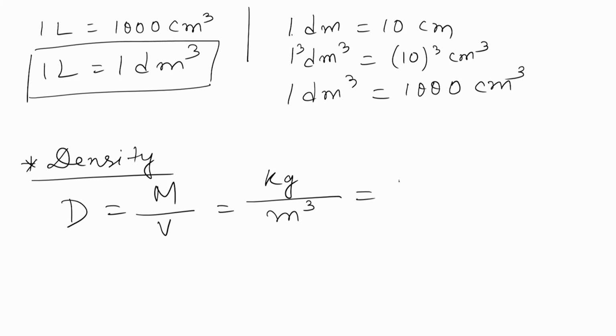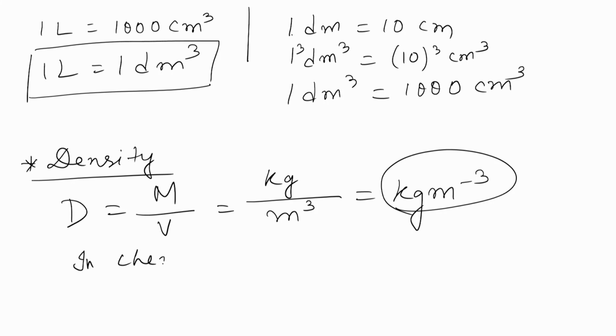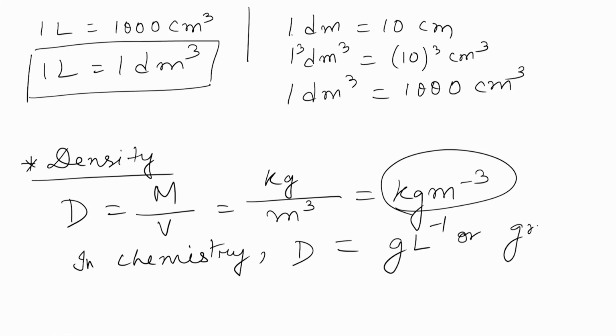So the unit of density can be simply written as kg meter to the power minus 3. Generally we do not use this unit in chemistry. In chemistry the unit of density is generally gram per liter or gram per ml.